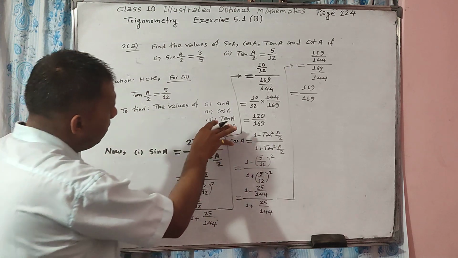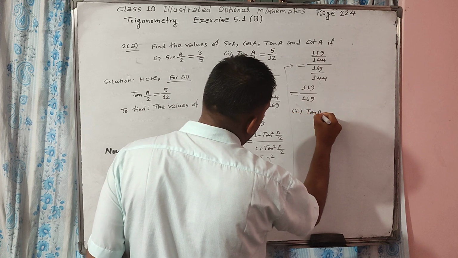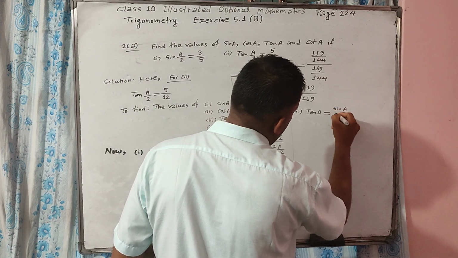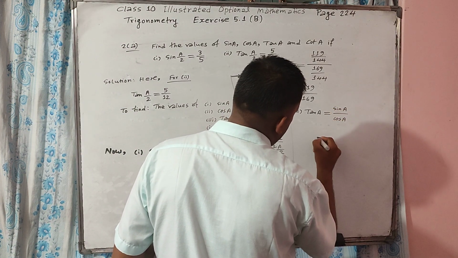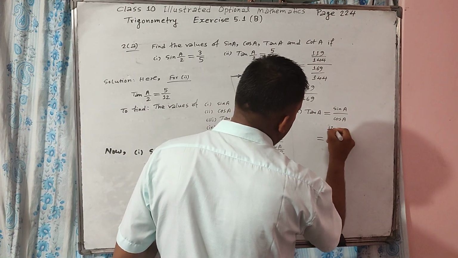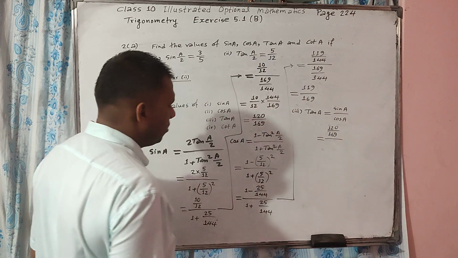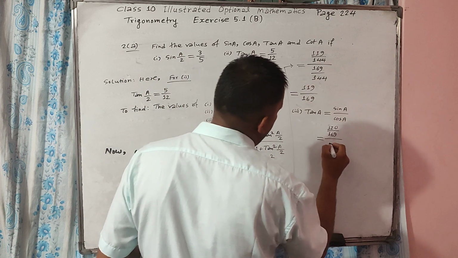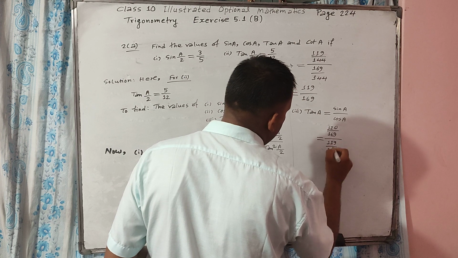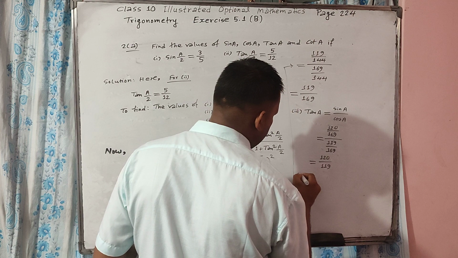Now third is tan A, number 3. Tan A equals sin A upon cos A. Value of sin A is 120 by 169 upon value of cos A is 119 by 169, is equal to 120 by 119.